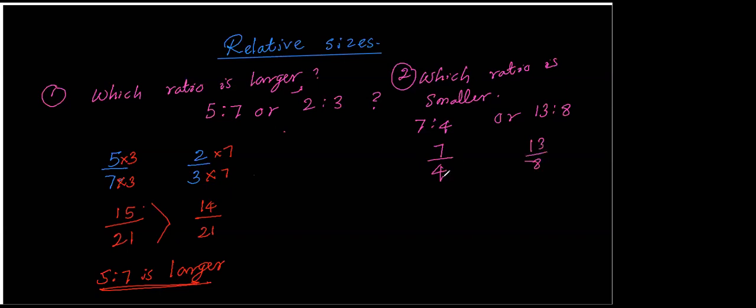Then we have to convert this to common. This 8 is the common, only this one by 2, this is by 2. Now denominators are the same. 2 times 7, 14, 8. 13, 8. Now which one is smaller from this? This is the smallest one. So you can write 13 to 8 is smaller.